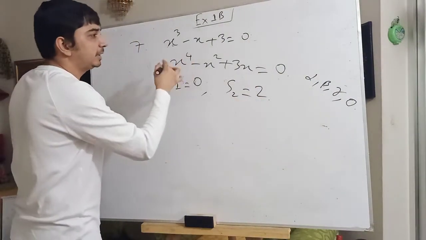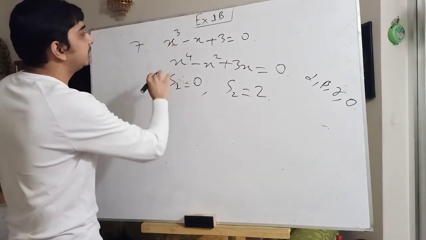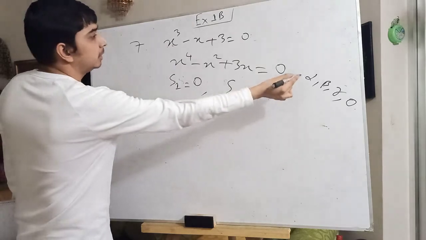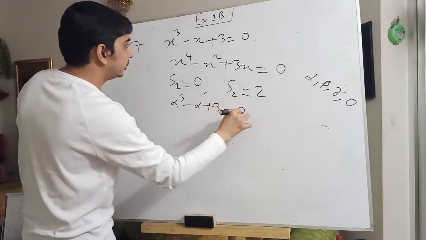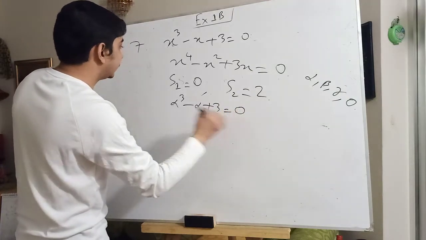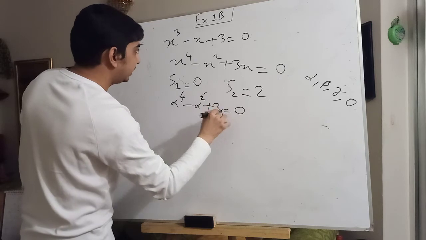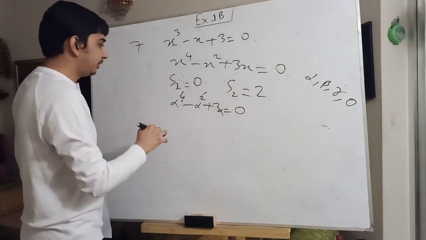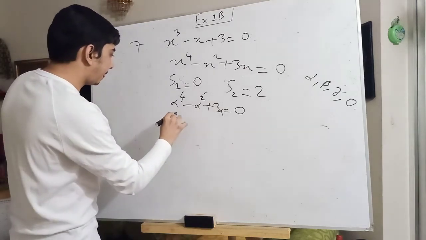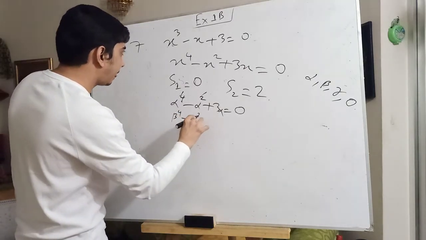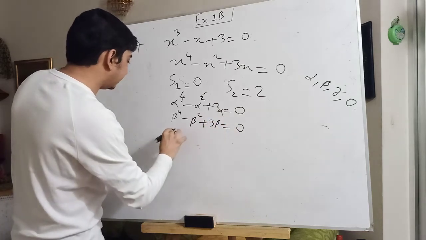Now, using the technique we learned in question number 5, I can insert the roots over here. So alpha cube minus alpha plus 3 is equal to 0. Alpha to the power 4 minus alpha square plus 3 alpha in the quartic equation. Similarly I can insert beta, then gamma also.